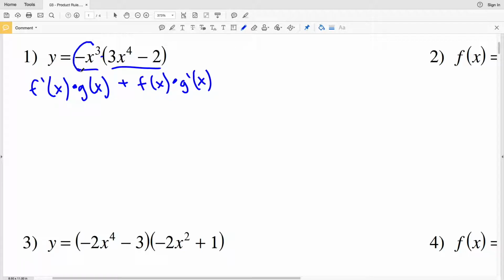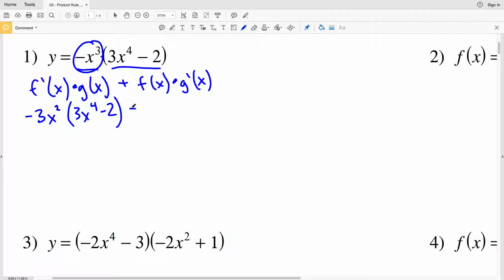So the derivative of f of x will be the derivative of negative x cubed, which will be negative 3x squared. n times x to the n minus 1, that'll be negative 3 times x to the 3 minus 1, which is 2. And then I'll multiply that by g of x, which is 3x to the fourth minus 2.